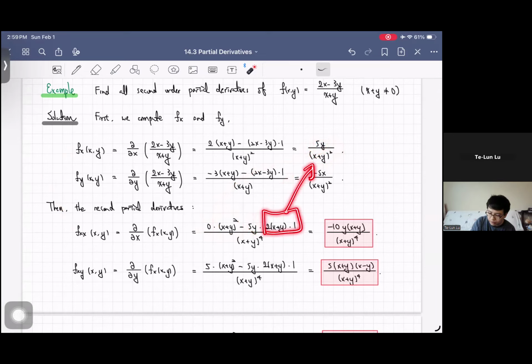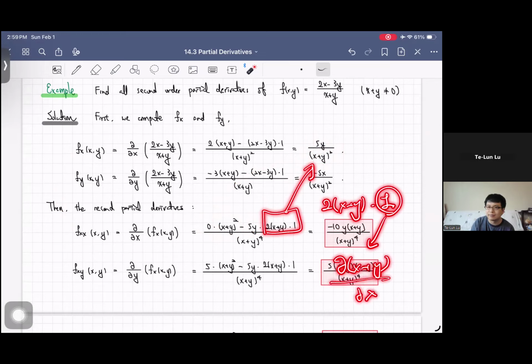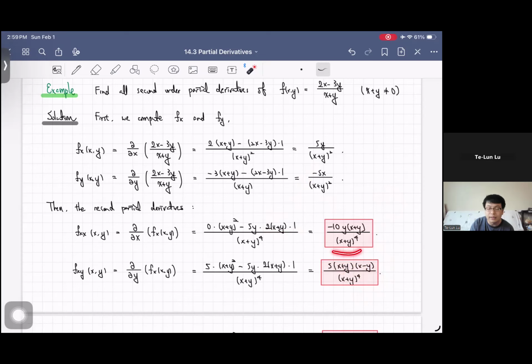In this case, it is 2(x plus y) multiplied by y. The 1 here is actually the partial derivative of x plus y with respect to x, the chain rule. So again, after some algebra, you get this nice expression. You can cancel this 2, but I just leave it there to be complete.